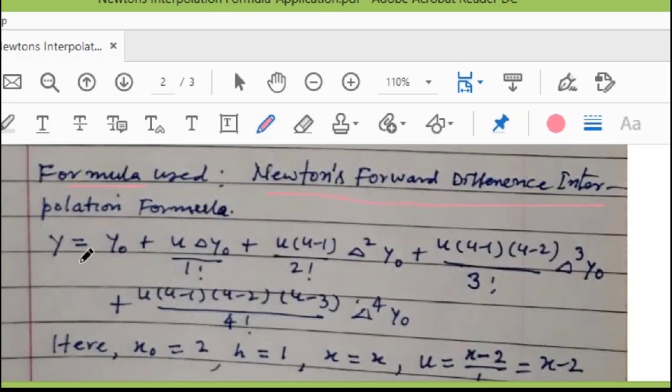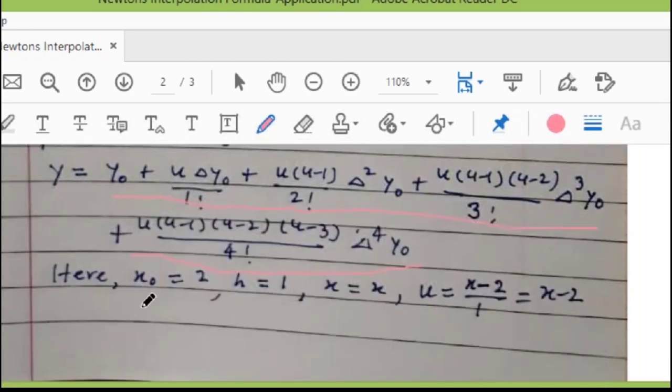Here y is equal to f(x). This formula is written again and you must remember it. I have reminded you of it while teaching this formula. Here x naught is 2, h is 1, and x is equal to x.